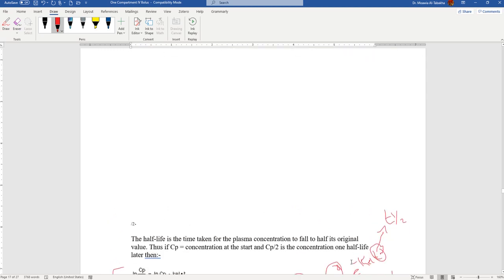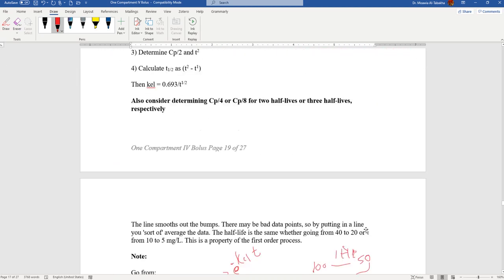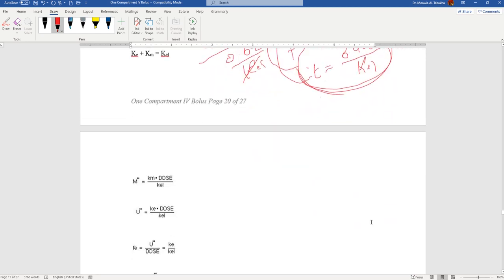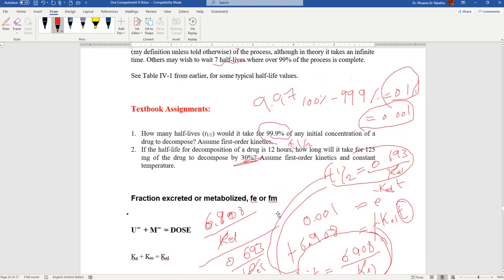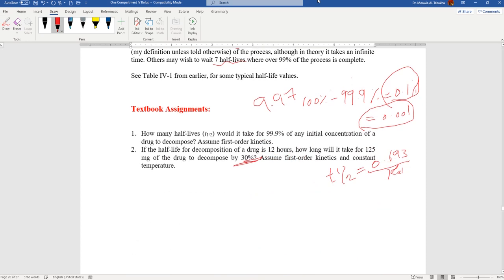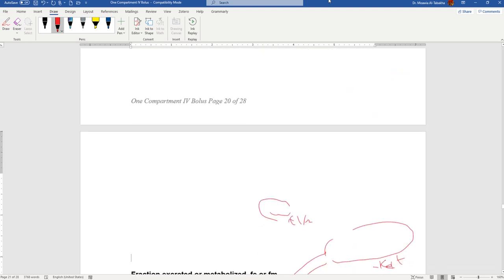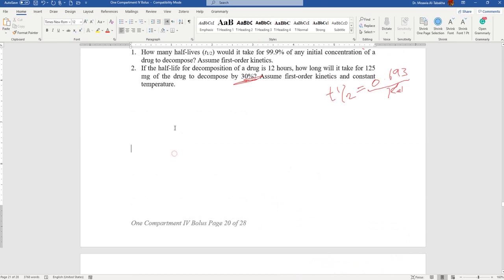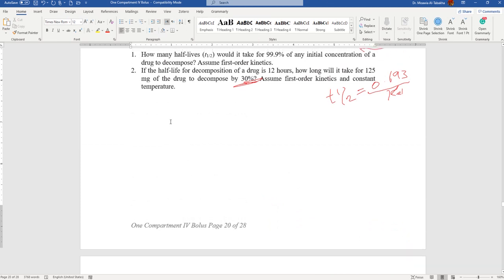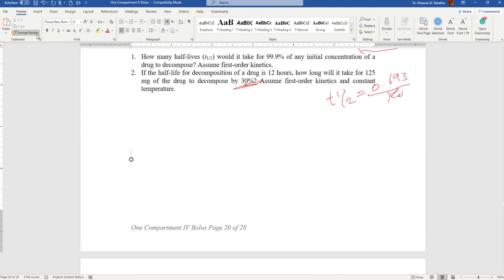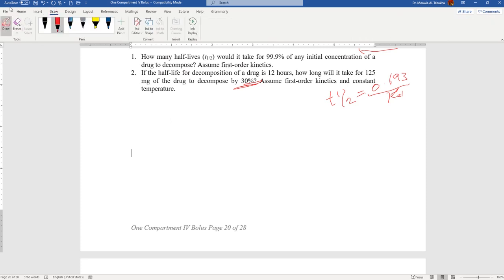Okay, let's go back here. So we have 70%. 70% يعني قديش? How much is 70%? يعني 0.7. The fraction is 0.7. This is the remaining.